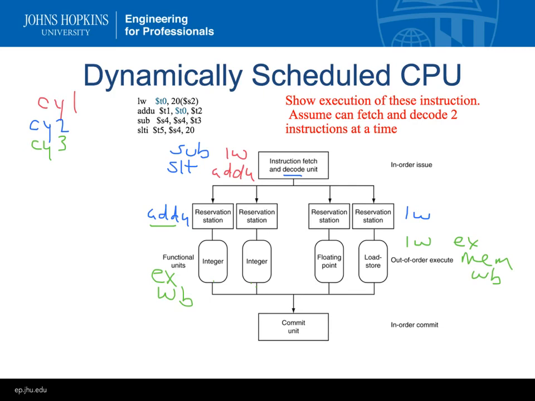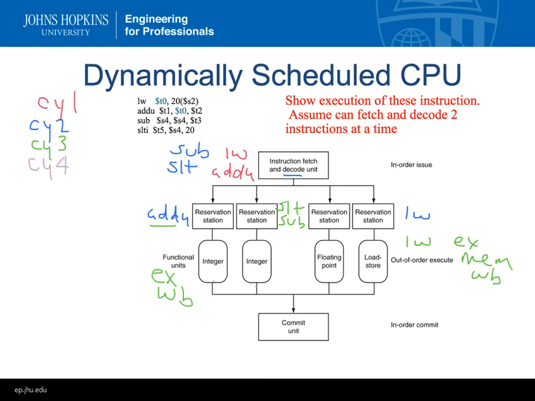The sub and the SLT, we can also send the sub, and we can send the SLT. Maybe we'll send it to the same one. Okay. Let's do some pink. Cycle 4.